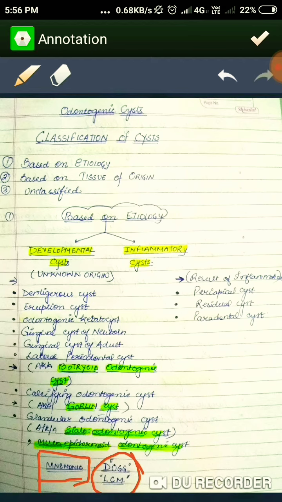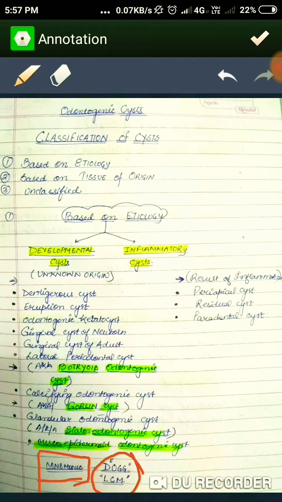Most of you may have better mnemonics, so you can always comment below this video for better mnemonics. When I studied my UG, I used this mnemonic only to memorize it. So the mnemonic is DEOGG, dog basically. You can add E also in between.